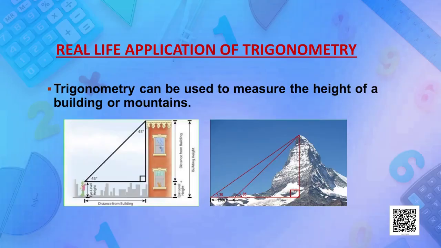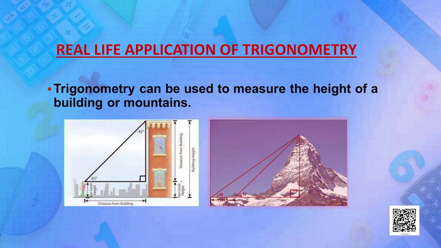Now, we are going to study the real life applications of trigonometry. Trigonometry can be used to measure the height of a building or a mountain. As you can see, this is a building and we are making a right angle triangle over here. So, we can easily measure the height of a building.